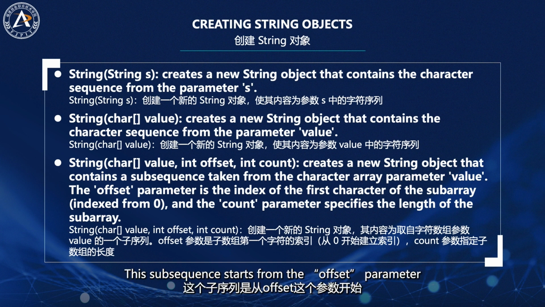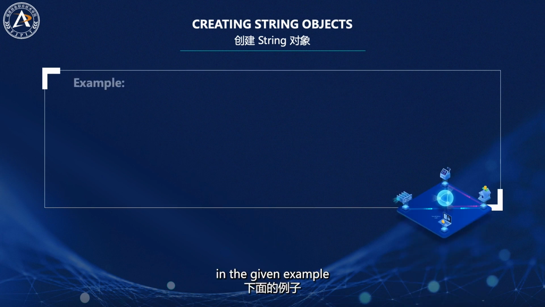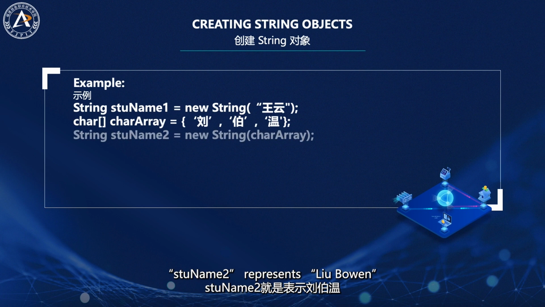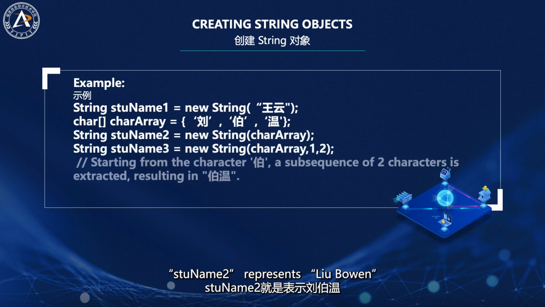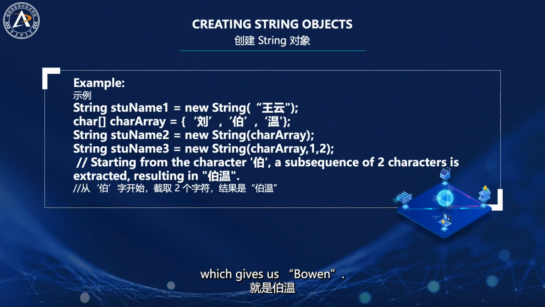This subsequence starts from the offset parameter and has a length specified by the count parameter. For example, in the given example, str1 represents Wang Yang, str2 represents Liu Boying, and str3 represents a subsequence starting from index 1 and having a length of 2, which gives us Boying.